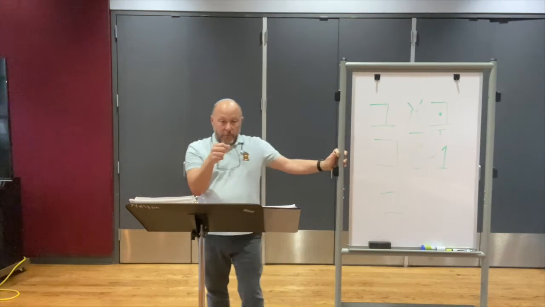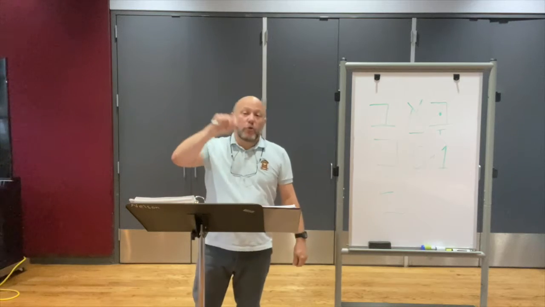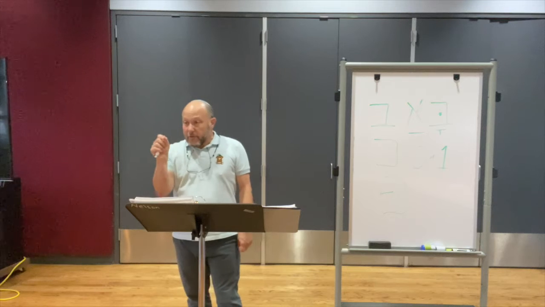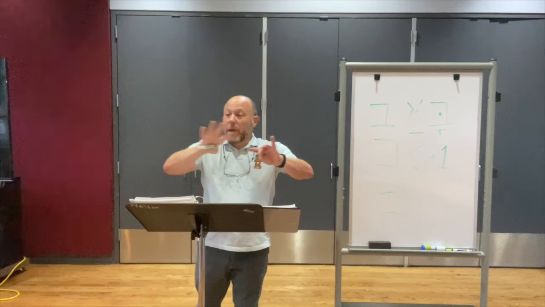It's a different character. The dot will show up in other letters, in a yod, in a dalet, in different letters. And it's really about emphasis, but don't worry about it.